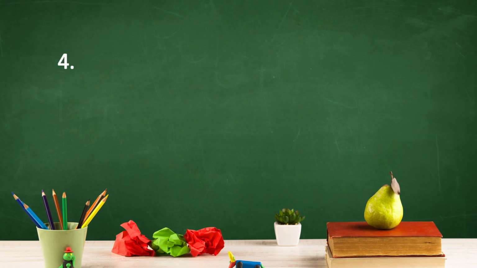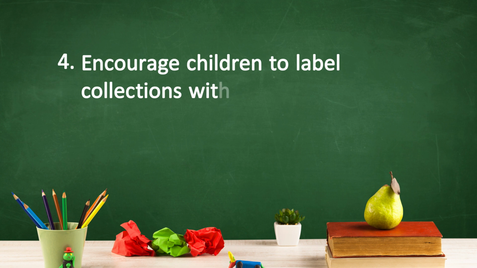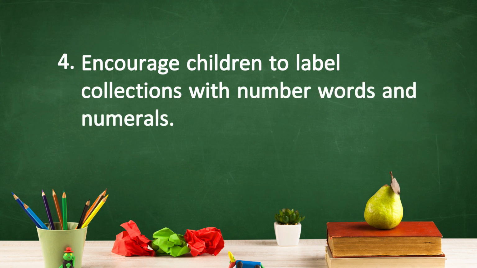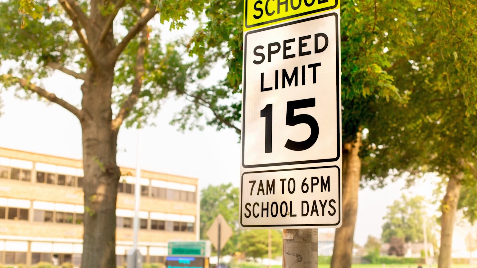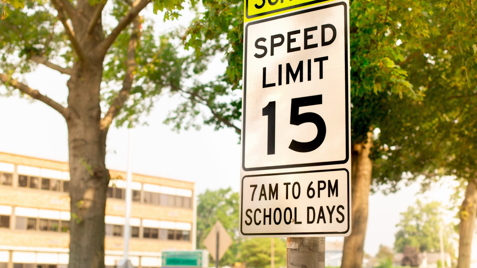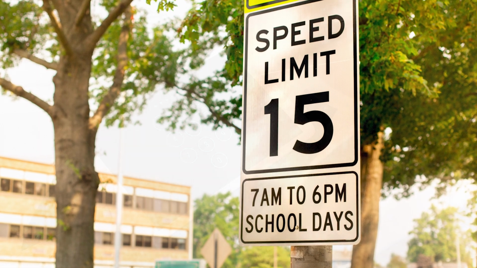The fourth step in the developmental progression under this recommendation is to encourage children to label collections with number words and numerals. Once children can recognize, count, and compare quantities, teachers can introduce numerals to children as a way to represent a quantity. Sometimes, children may already recognize numerals in the world around them before they're able to count.